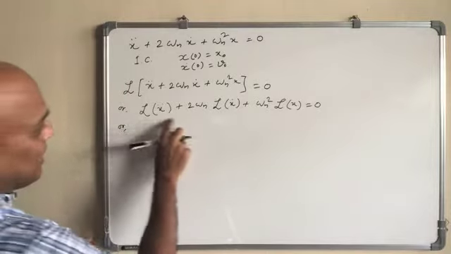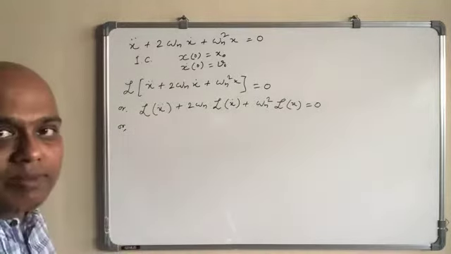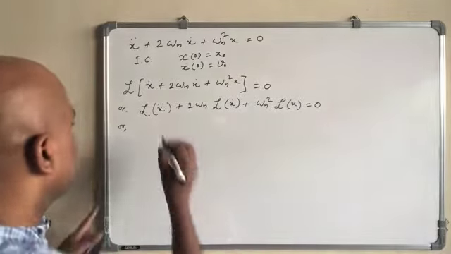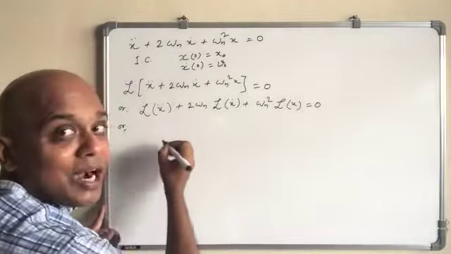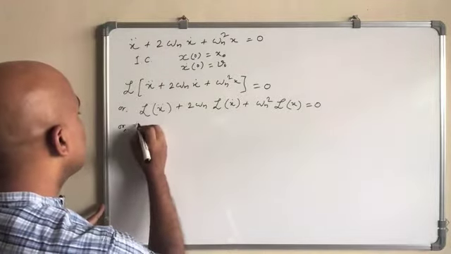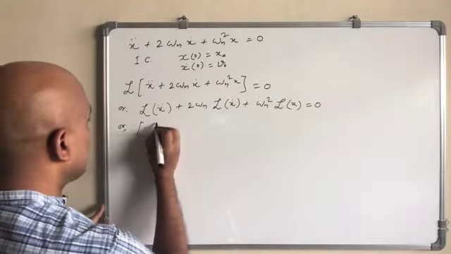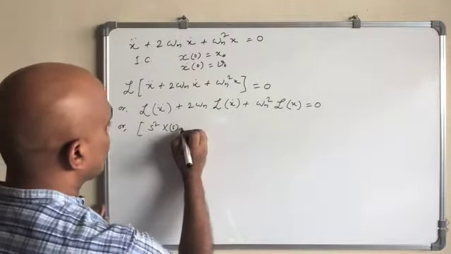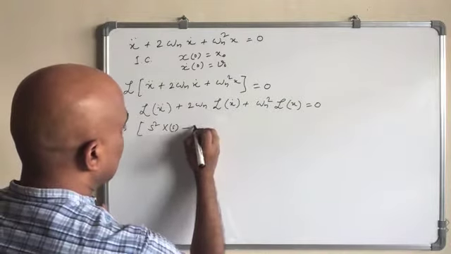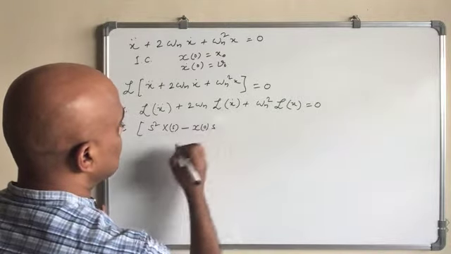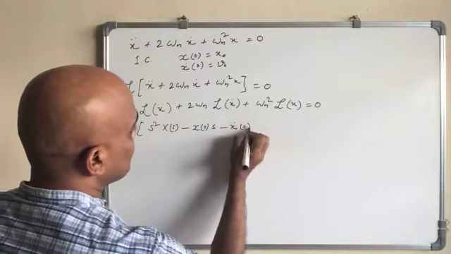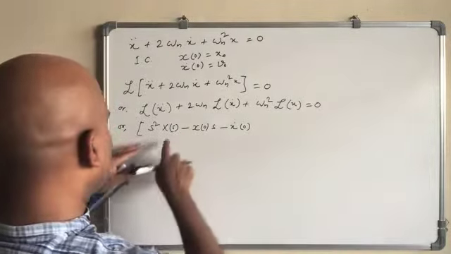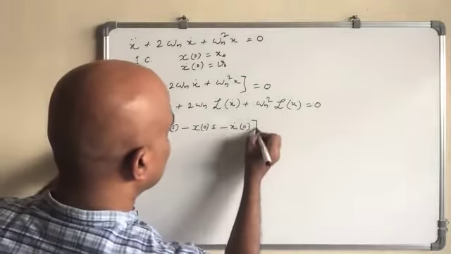Taking the Laplace transform of x double dot, as we have written earlier, this is equal to s square X(s) minus x0 s minus x dot 0.